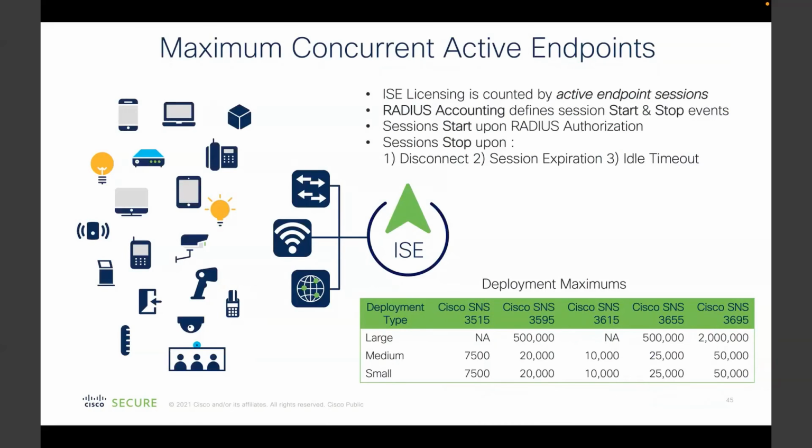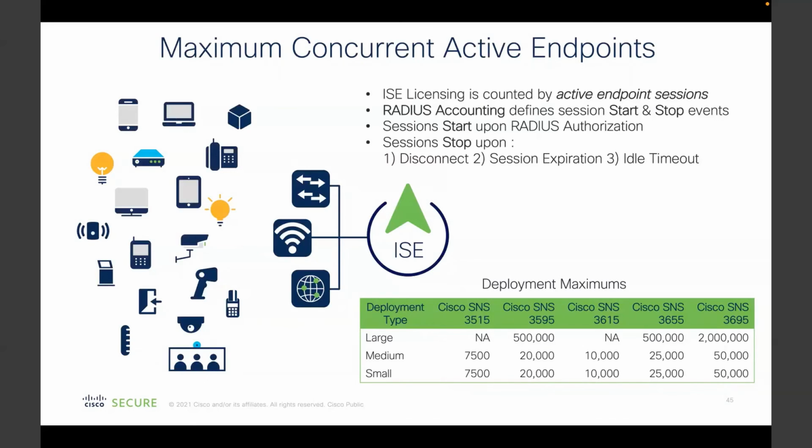And then if you disconnect by unplugging your Ethernet cable or disassociating from your wireless connection, or maybe the session timeout we assigned for your session, maybe you ran over that, so the network device is going to drop your session, or maybe we just don't hear from you for a while, and so the network device drops your connection. Whatever the reason, those are considered stop events, and that is the end of a session.